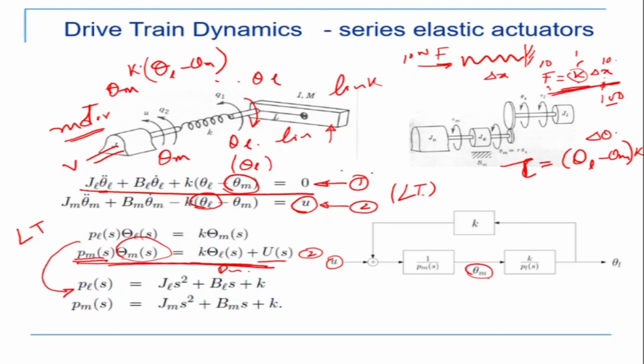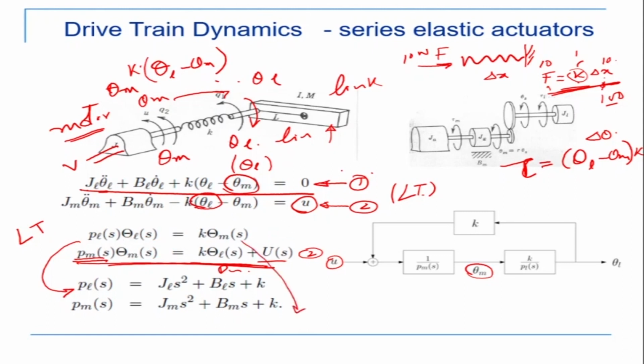And this theta_M(s) is being generated, then it's going on that side, going through the spring, which is K times 1 by P_L(s). P_L(s) is this side. Okay, so this is my P_L(s), on this equation. So it is K by P_L(s). So let me clearly write it.